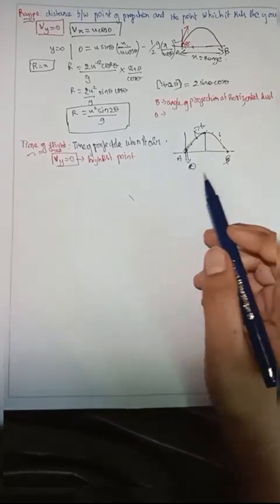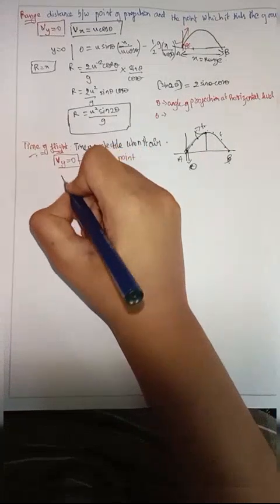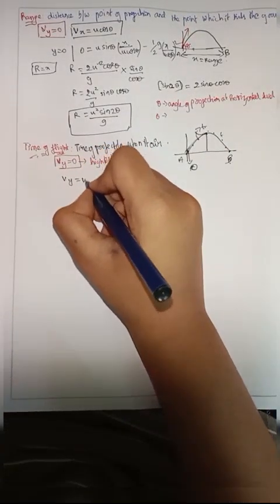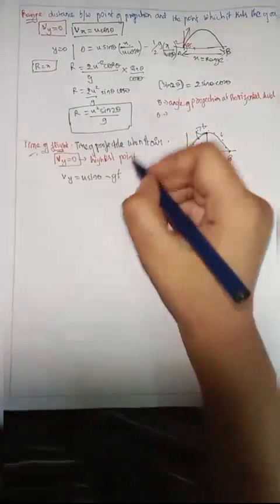If we consider the equation of projectile, vy equal to u sin theta minus gt, what does t represent?